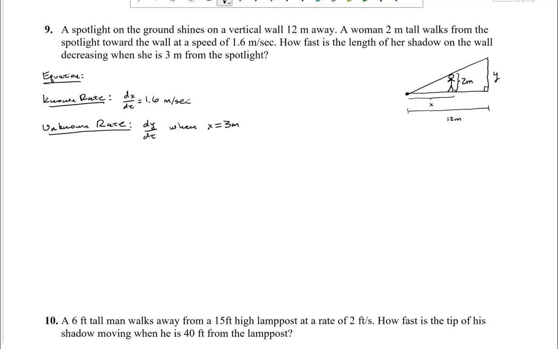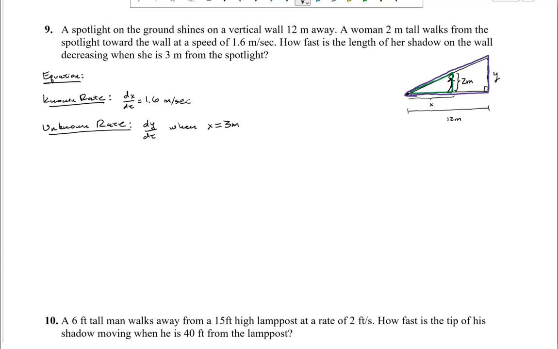Now, the equation here is maybe a little trickier than the others that we've seen so far. What we need to notice is that there's a relationship between the two right triangles that we're looking at here. Namely, we have this green right triangle here, and we have this purple right triangle out here. Now, these are similar right triangles, which means that the corresponding sides are proportional.